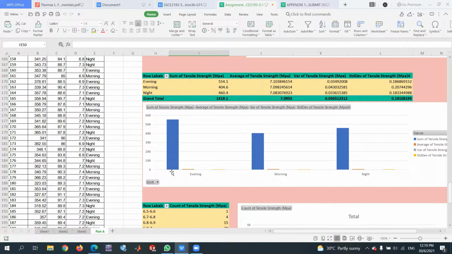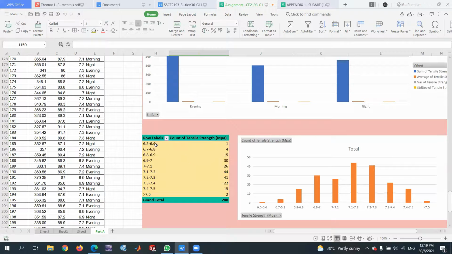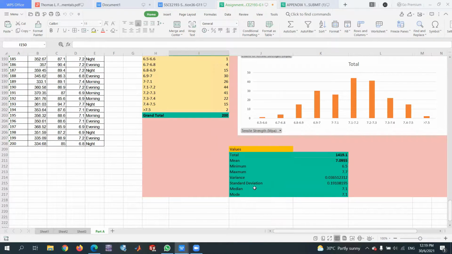And this diagram describes all these numbers, and I use the distribution to count the shifts between the range, which is from 7.1 to 7.2, has the highest shifts, which is considered as 44. So this table describes all the important values.